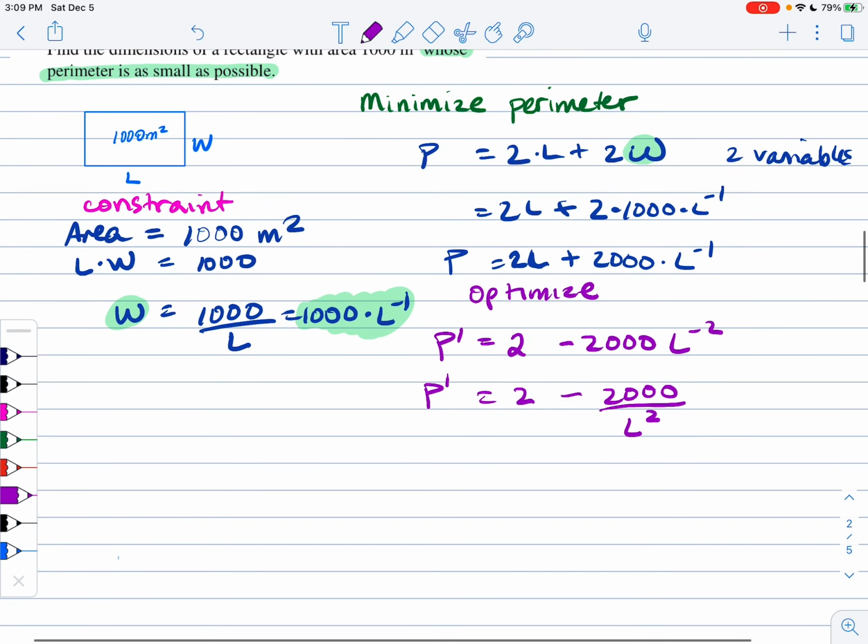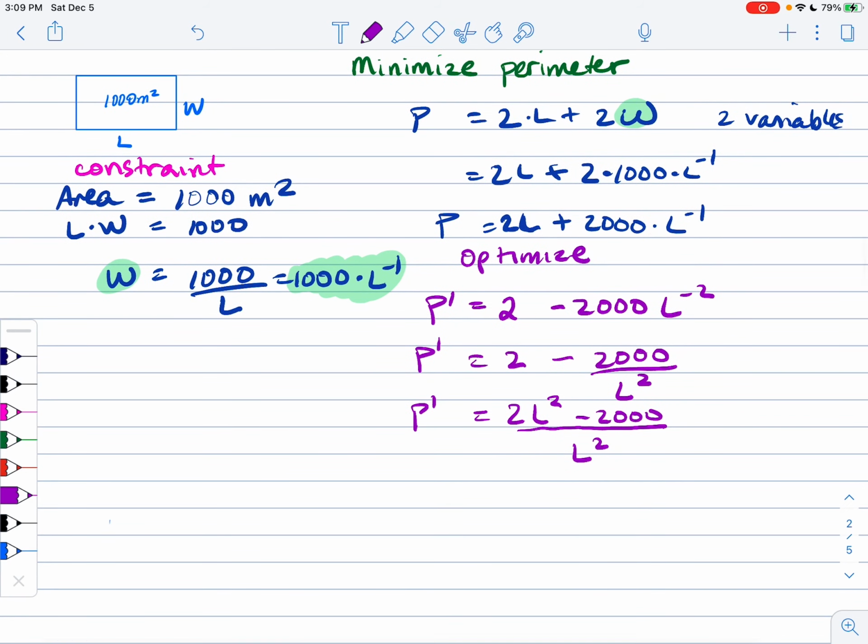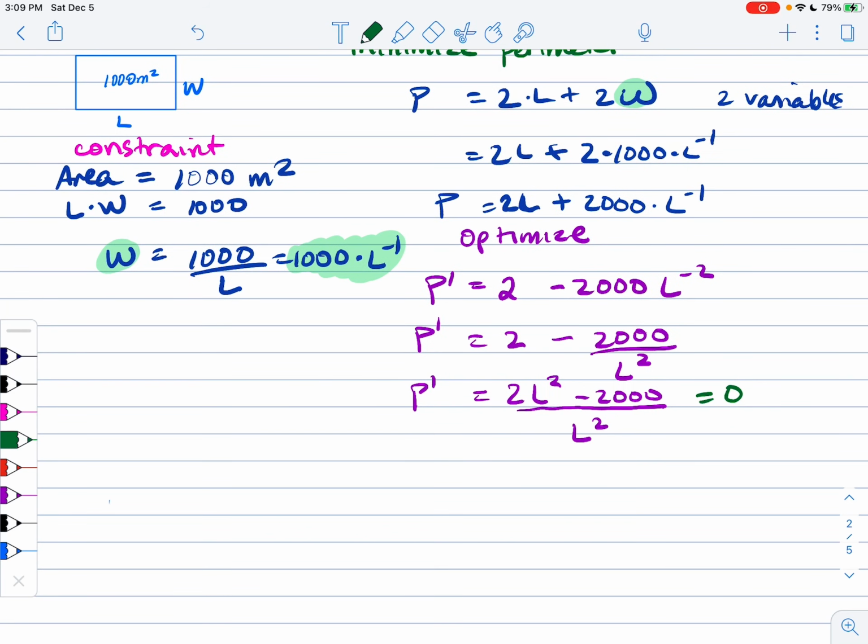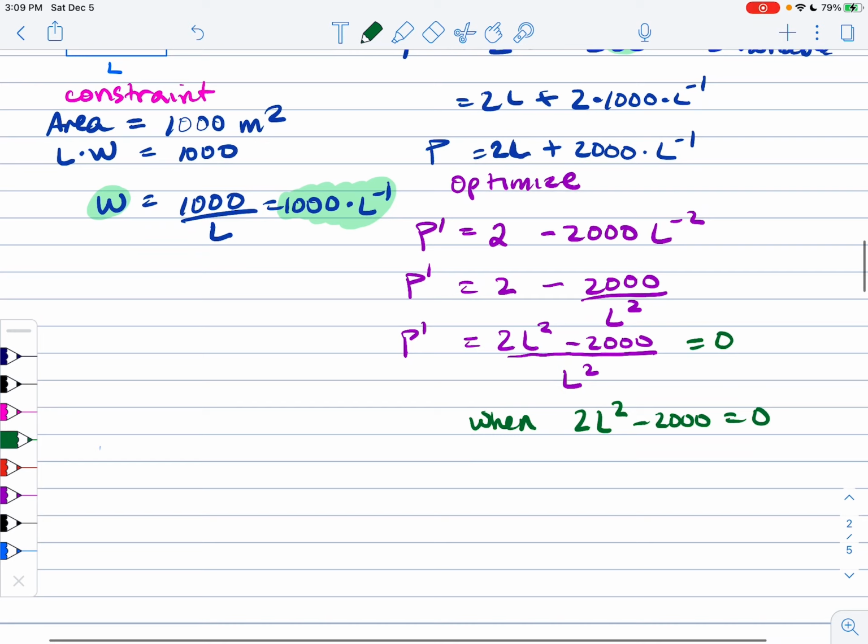I like to put things in one fraction, so this is going to be 2L squared minus 2,000 all over L squared. And now I want to optimize, and so I'm going to say, when does this equal 0? When the numerator equals 0. So when 2L squared minus 2,000 is equal to 0. And I can solve that.